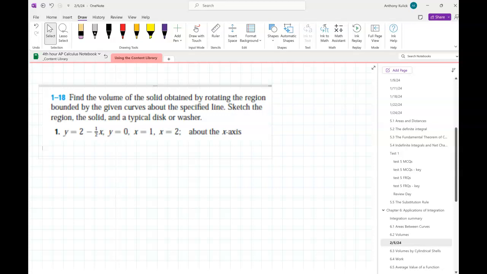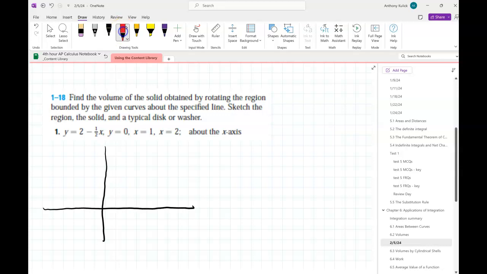All right. So our first curve is y equals 2 minus 1/2 x, and it's bounded by y equals 0, x equals 1, x equals 2, and then we're rotating about the x-axis. So y equals 0, what is that? It's the x-axis, right? Okay, so that's one of our boundaries. And then we have x equals 1.